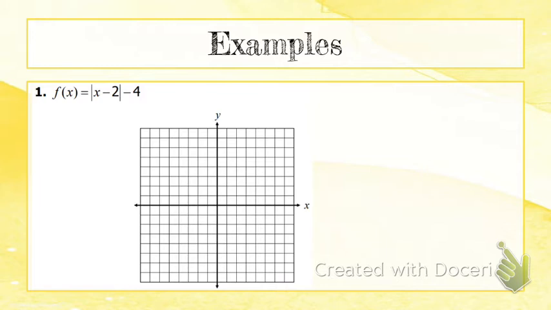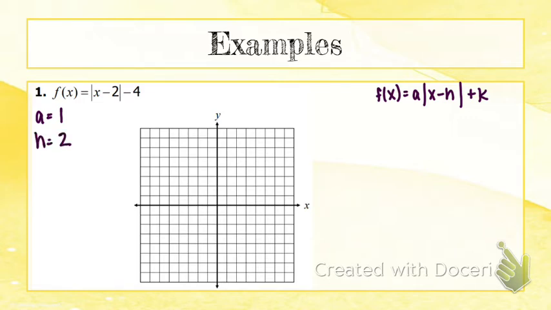All right, so just to remind ourselves, the vertex form is f of x equals a times absolute value of x minus h plus k. So if we look here, we are going to figure out what a, h, and k are. So a is equal to 1 because there's nothing outside the absolute value, so we can understand it to be an invisible 1.